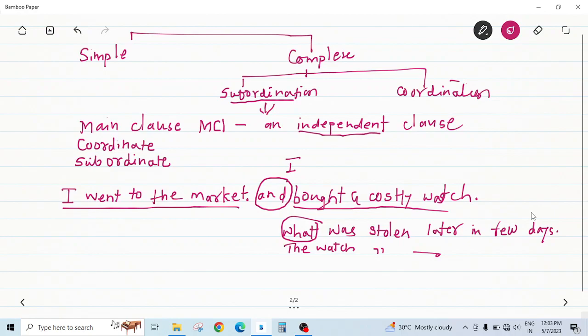But what we have to understand here is that main clause, I went to the market, this is a principal or main clause, and this also is a main clause because they are not dependent upon any other clause. Their status is equal, their rank is equal. This first and this second.